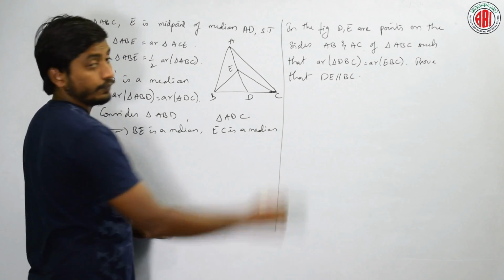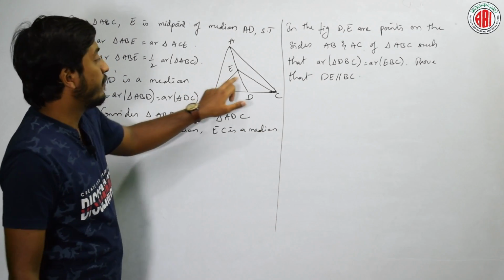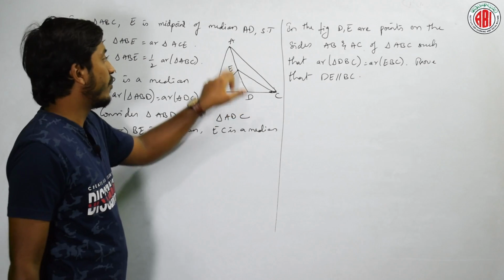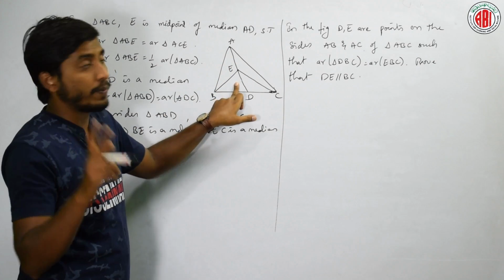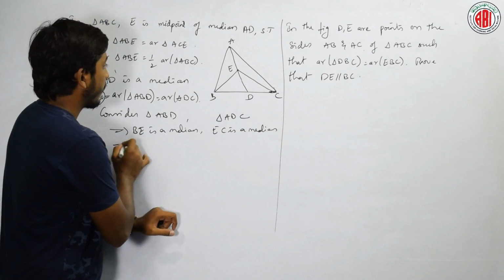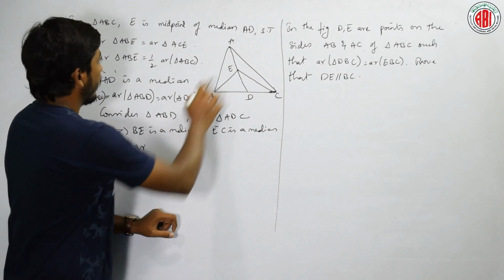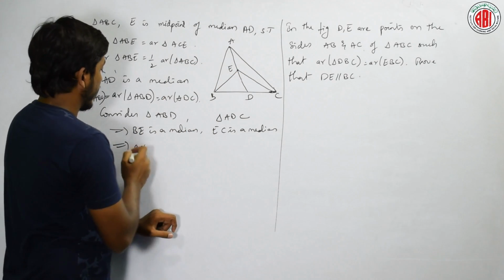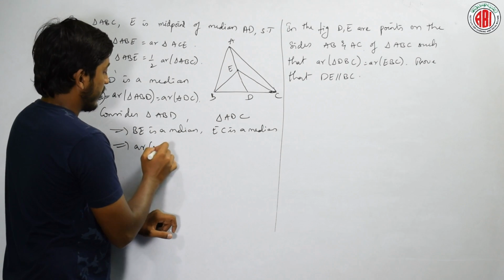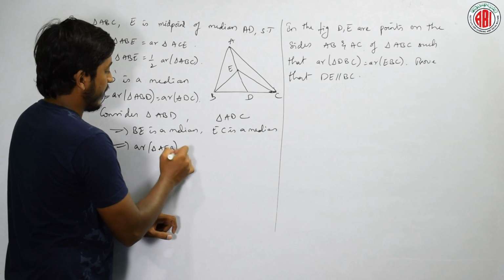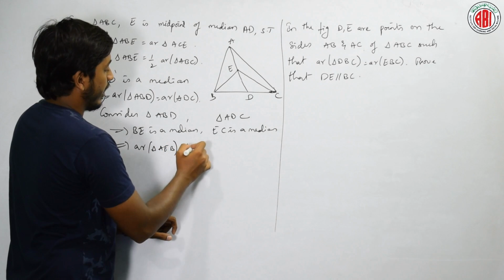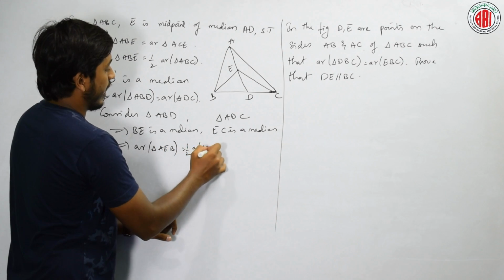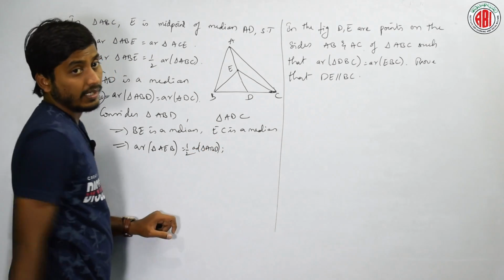right? Yes or no? Here if BE is a median, then obviously this whole triangle is divided into two parts, that is nothing but the area of AEB, okay, triangle AEB, that is half of the area of triangle ABD. Clear?